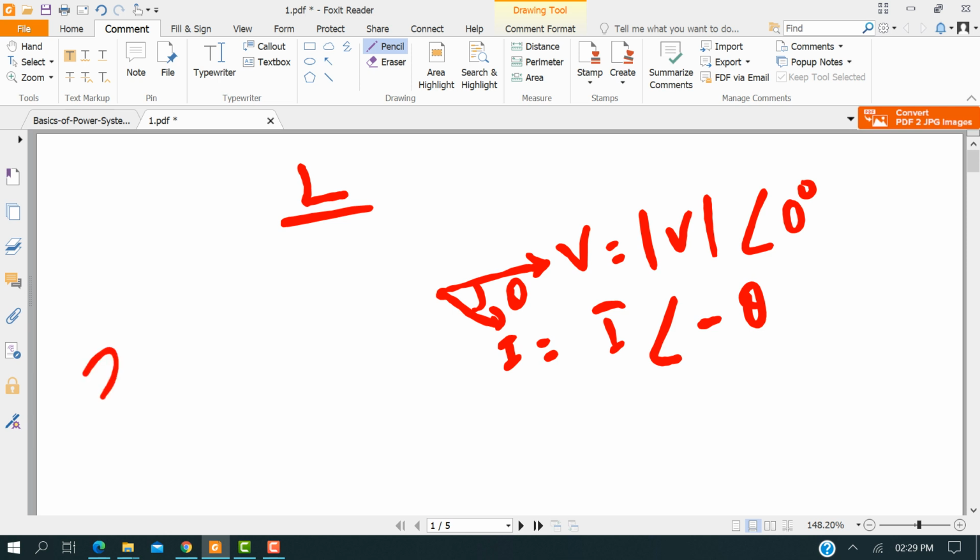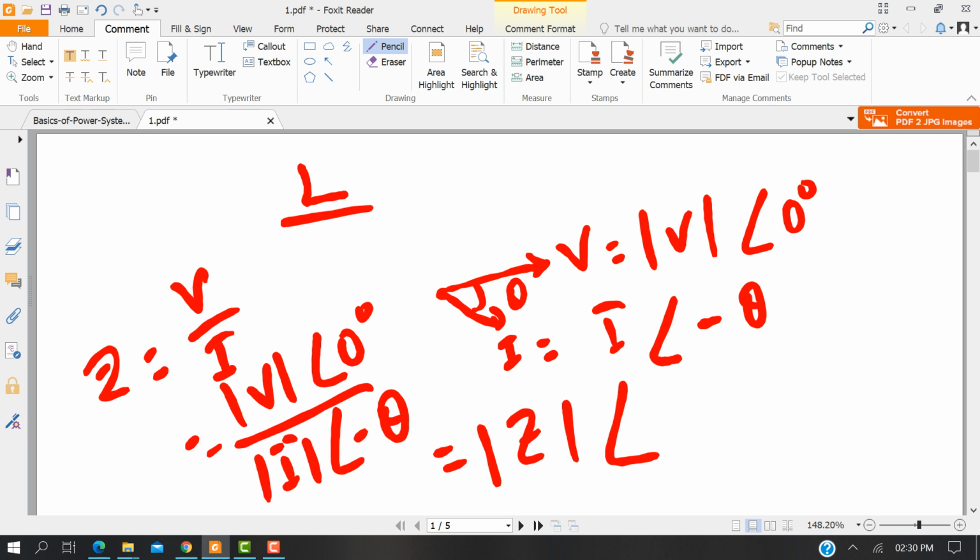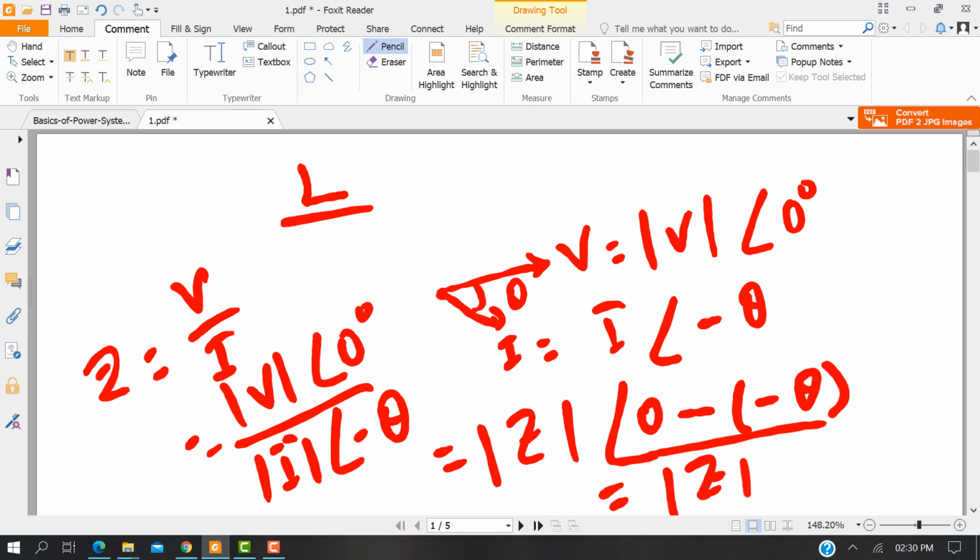Like Z, the impedance, equals V by I, that is V angle 0 over I angle minus theta. It can be expressed as Z, with the phase difference 0 minus minus theta, so it can be expressed as Z angle theta. So it's actually a positive value.